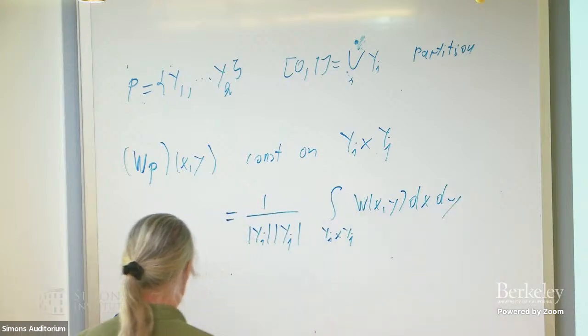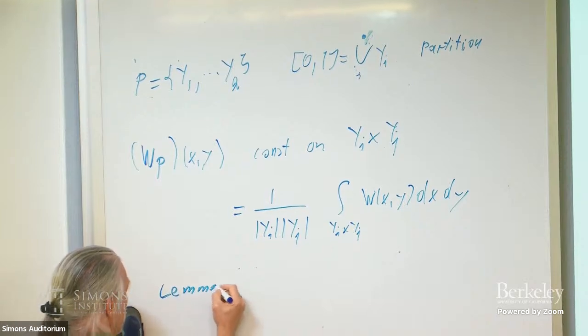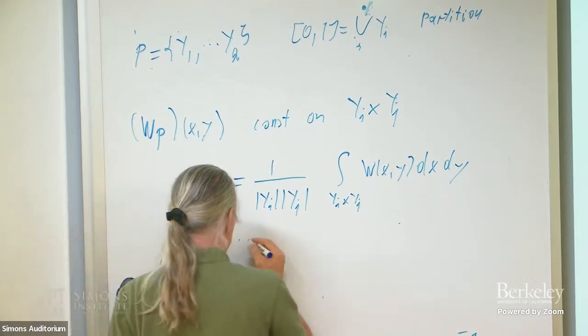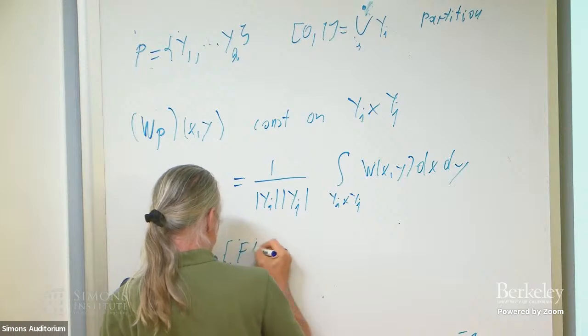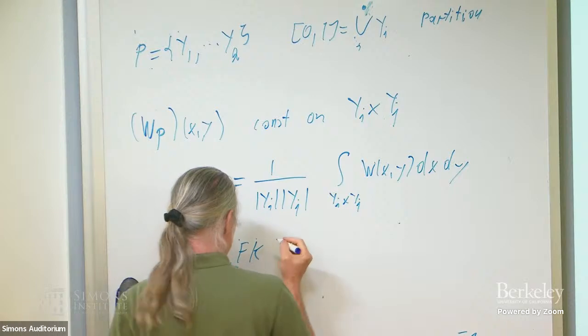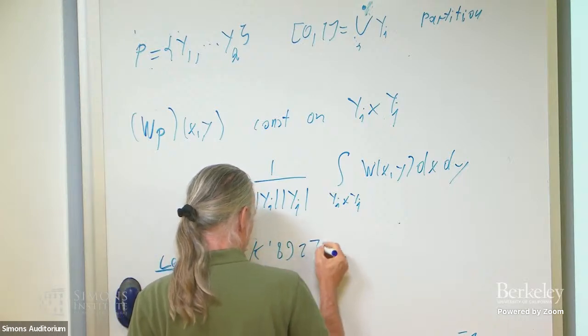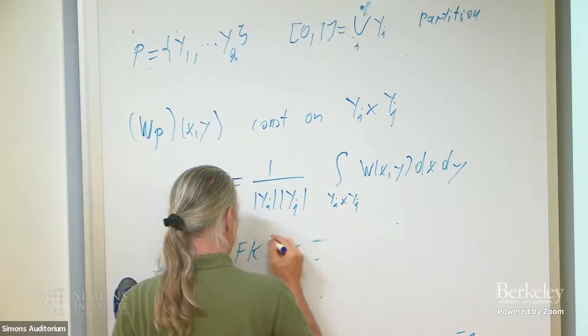Okay. And then there is a lemma, which is actually in exactly this form, 2 to 3 can, 9, something like that. Okay.